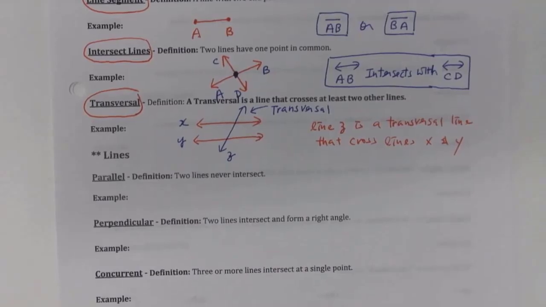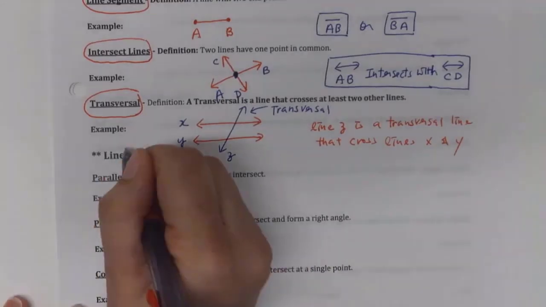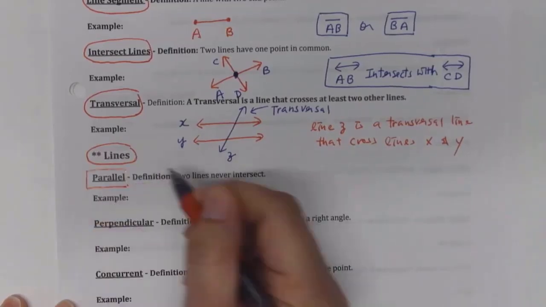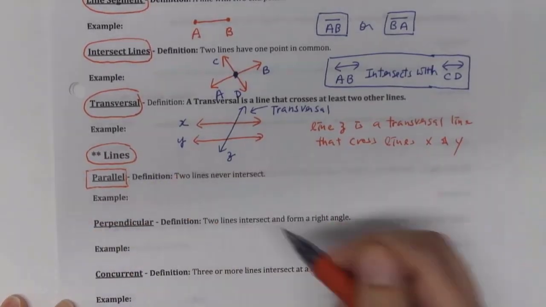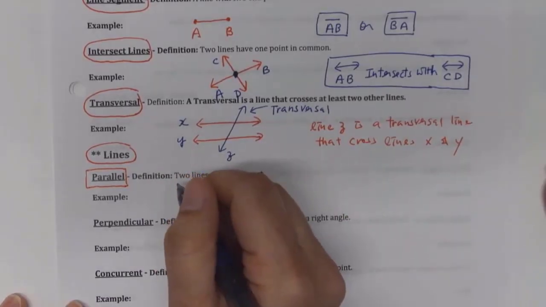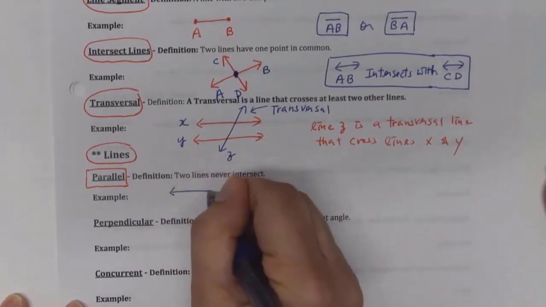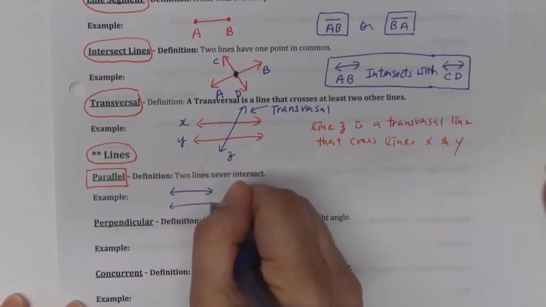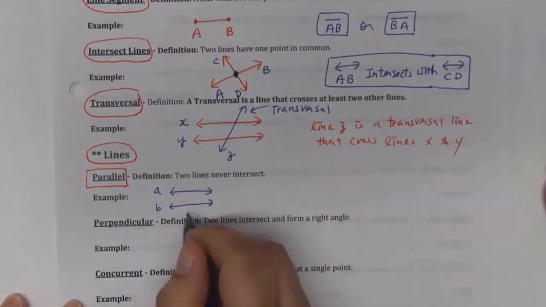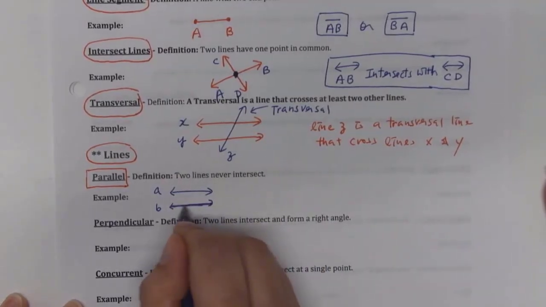So we are moving on to some relationships between lines. We have parallel lines. You have two lines that will never intersect each other. So an example can be A, B. It's not very good, sorry.